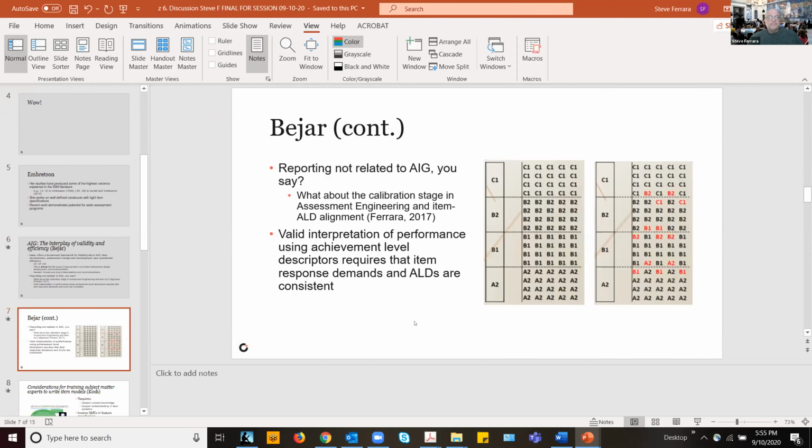So you get alignment like in this abstract representation in the first visual, where all of the response demands of all of these items are aligned with, oh, sorry, this is from a language testing program, from the advanced category.